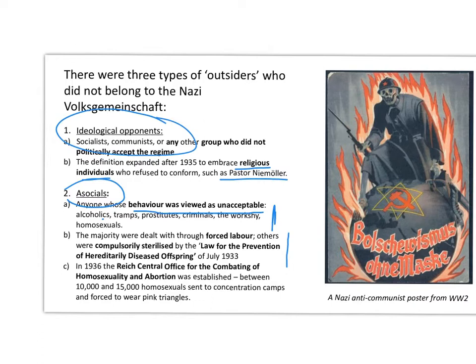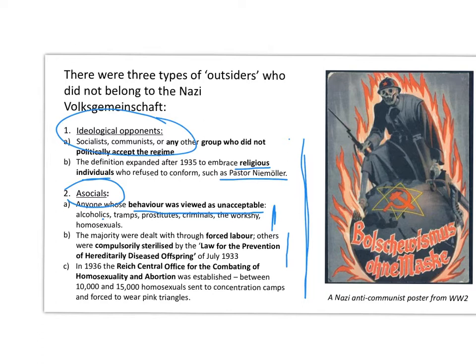It didn't include Jews. Okay, so I suppose the point we're making at this earlier phase is that much of Nazi policy was targeting a wider group of outsiders that included Jews, but these groups, the ideological opponents and the asocials, were not necessarily Jews. They could be Jews.